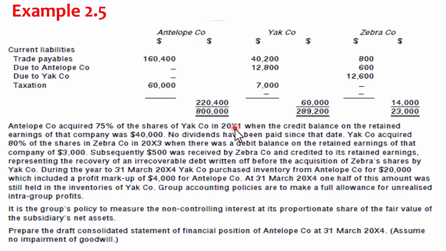We are supposed to prepare the non-controlling interest on the net asset method. So it's very simple. The only new thing that will probably baffle your mind is the retained earnings being debit at acquisition. Usually we see retained earnings being credit, but in the case of Zebra, the retained earnings was debit.